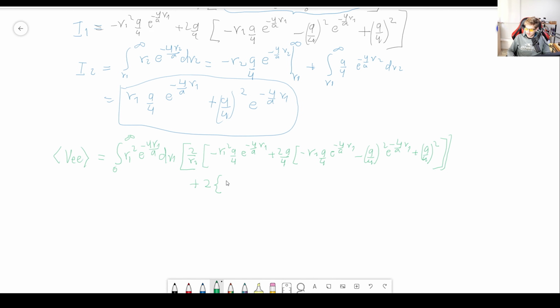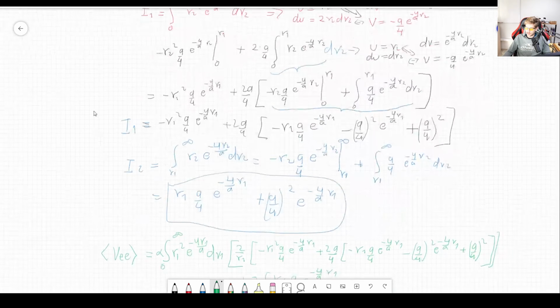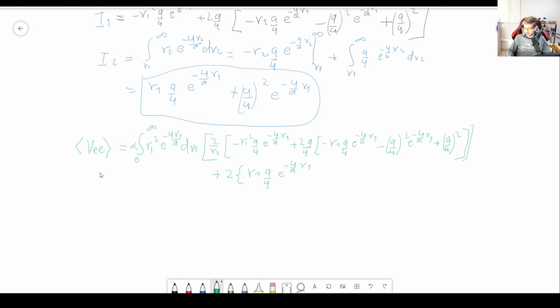So 2 times r1 a over 4 e to the minus 4a r1. I'm missing my alpha, by the way, I almost forgot to write down alpha. So r1 a over 4 e to the minus and so on, plus a over 4 squared e to the minus 4 over a r1.